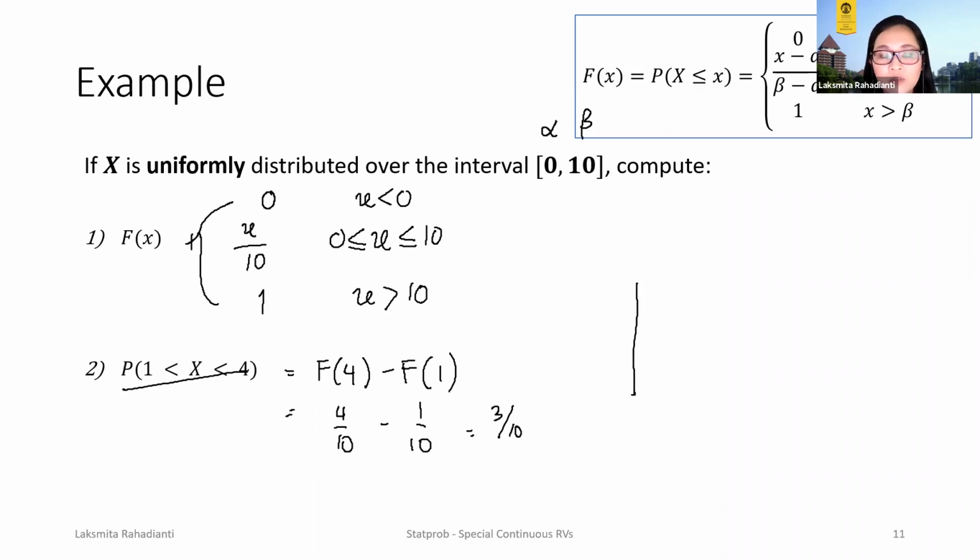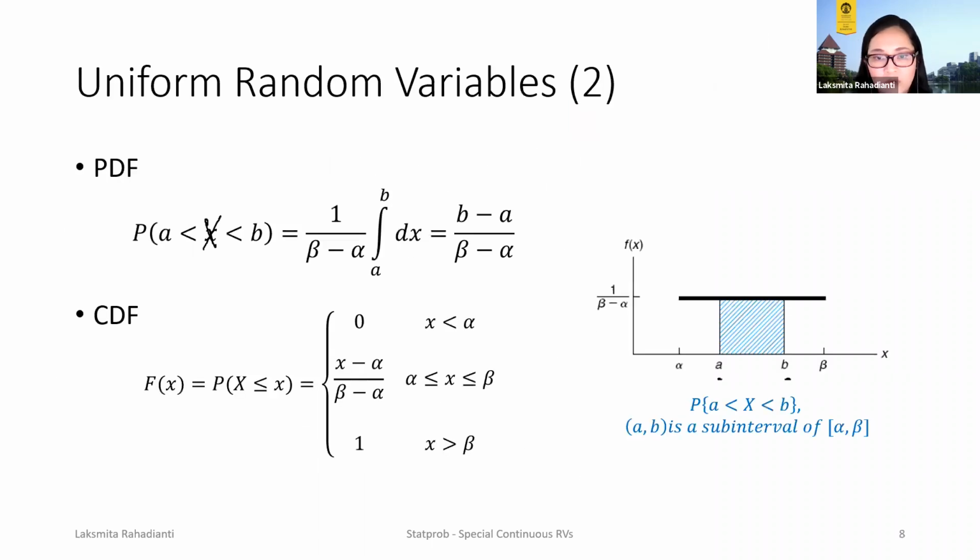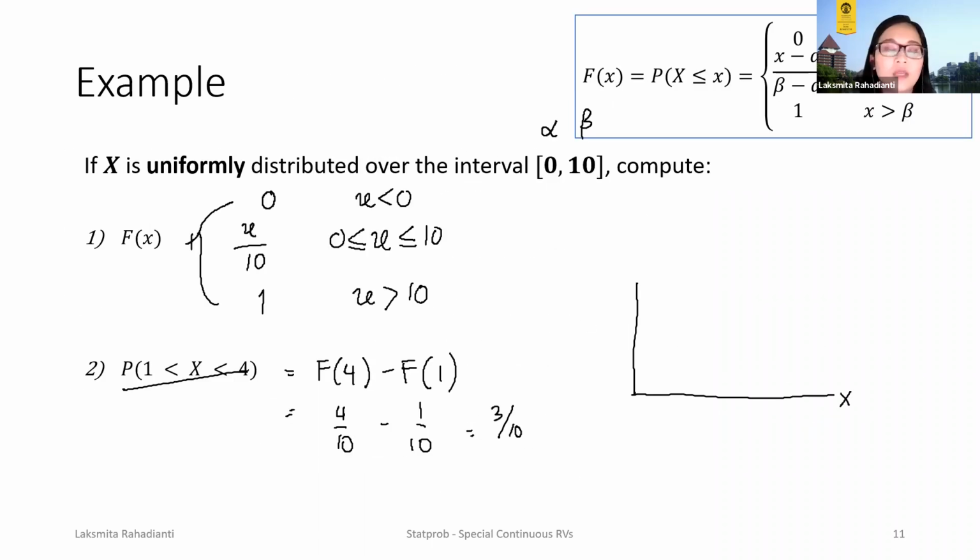So if I were to denote it visually, here is my random variable X, and this is my f of X. You know that this is valid from 0 here to 10.